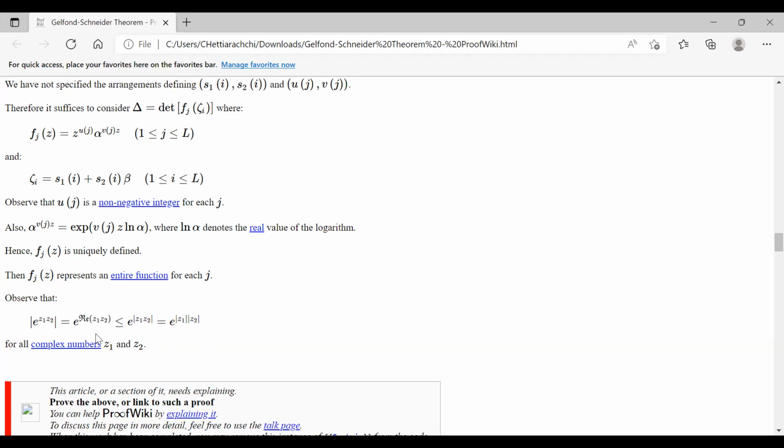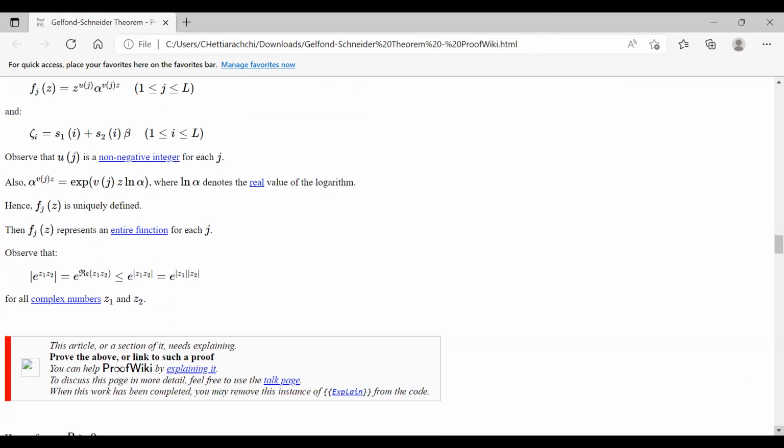So that's one. Also, we have this inequality: the absolute value of e to the power z1 z2 is equal to e to the power real value of z1 z2, from Euler's formula, which is less than or equal to e to the power absolute value of z1 times z2, for all complex numbers z1 and z2.